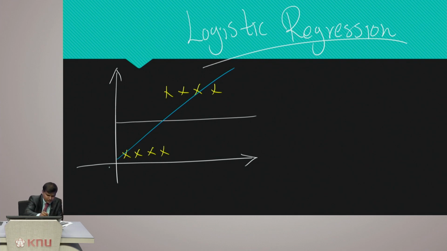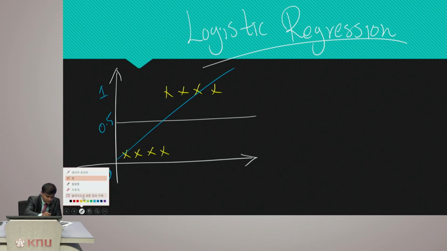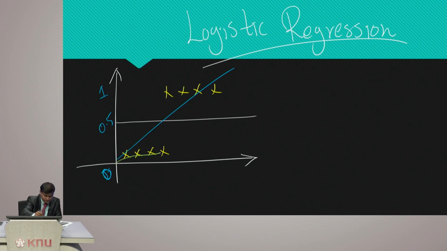So let's consider that this point is 0, this point is 0.5, and this point is 1. It's more likely that if you want to combine all these, let's try to combine them by means of a line. Actually it's kind of shifting from 0 to 1. It's kind of two categories you have at this point of time.